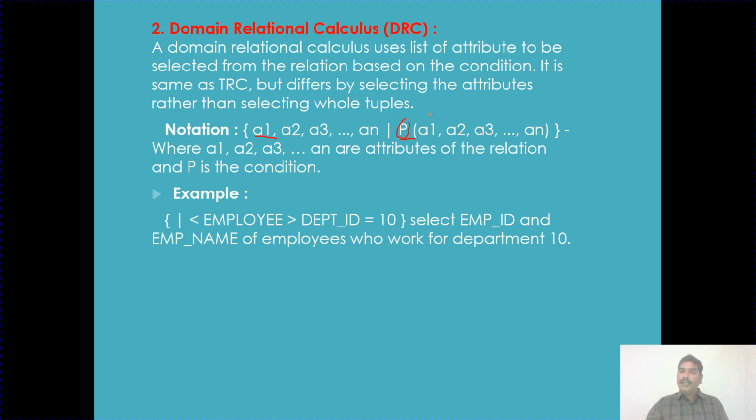These are the attributes of the relation; relation means table. P is the condition. This is called domain relational calculus.